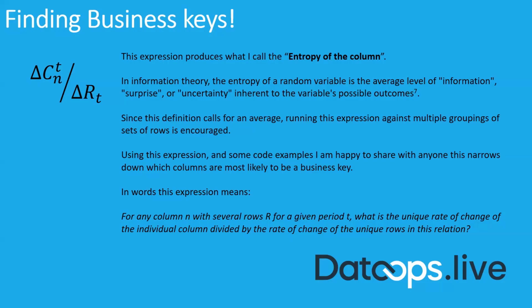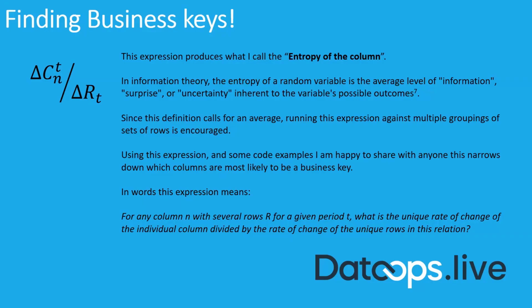I'll try to put together a high-level example to explain in words. Think about your address table. If you have an address table and you have some primary key, because you have multiple people living at the same address, then you're going to have the address.